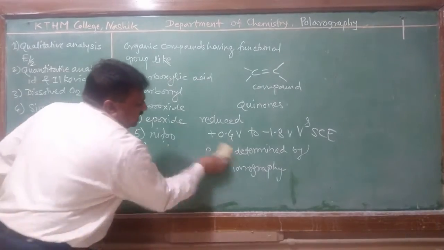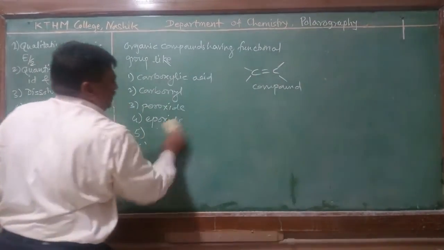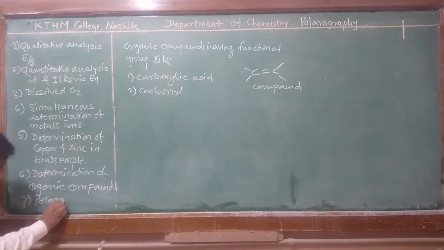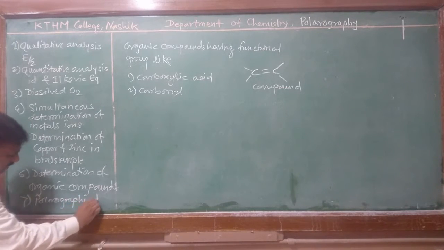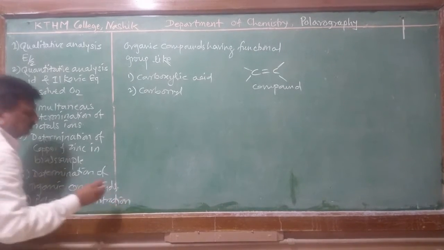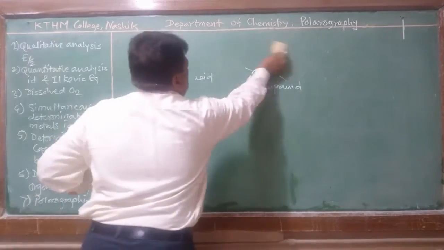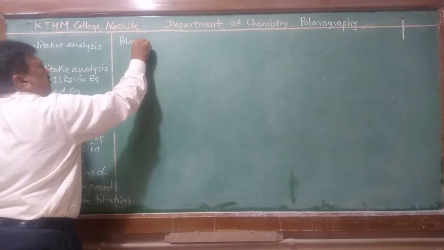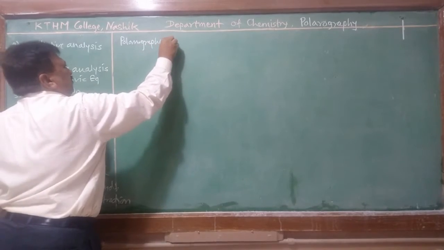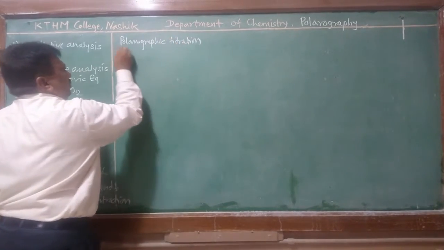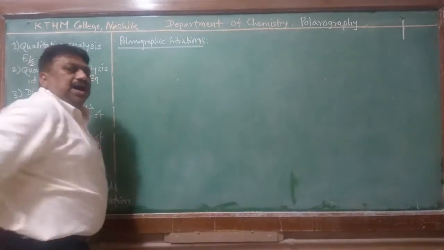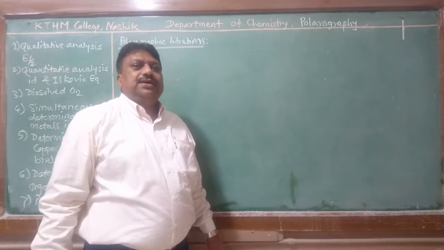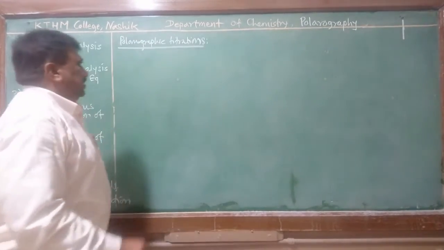Students, now we discuss the last application of polarography, that is called a polarographic titration. Polarographic titrations are those titrations in which the equivalence point is determined by measuring the limiting current or diffusion current of the analyte.